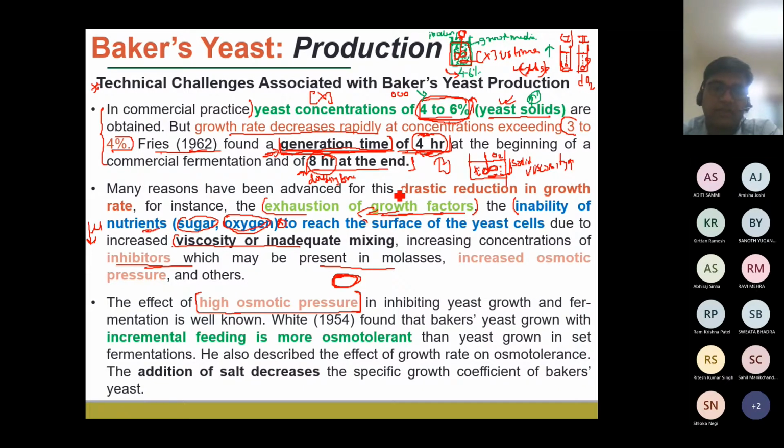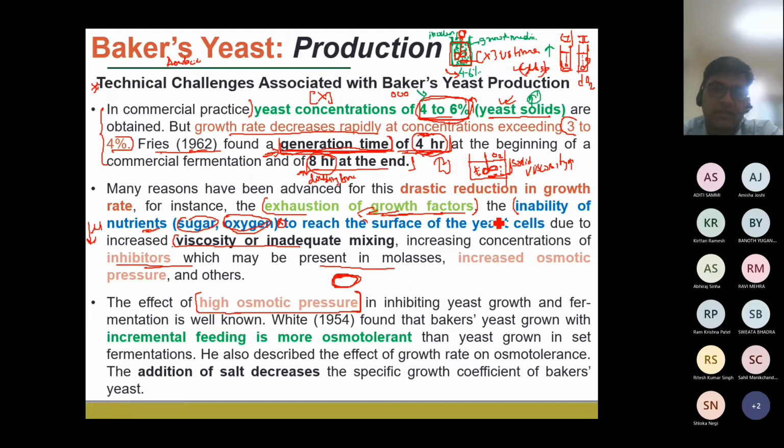Also, this whole process is an aerobic process, so it requires an adequate concentration of oxygen. But if you have a viscous material because of the growth of this yeast, then the oxygen transfer across the bioreactor media is challenging.